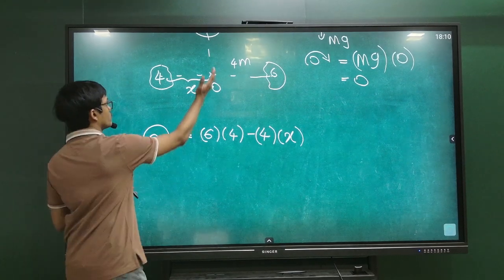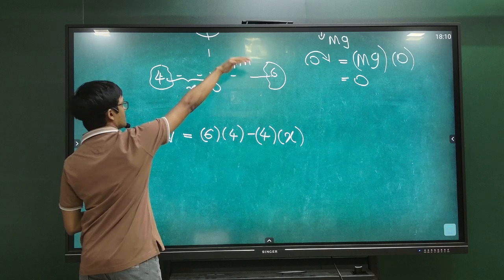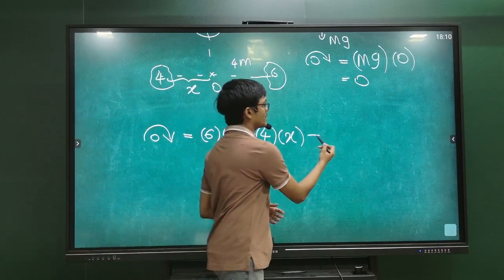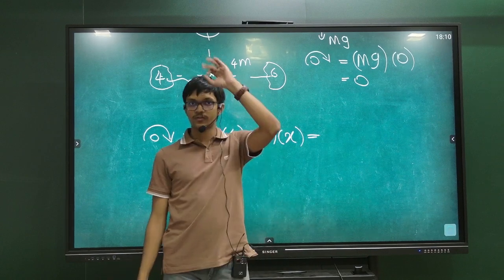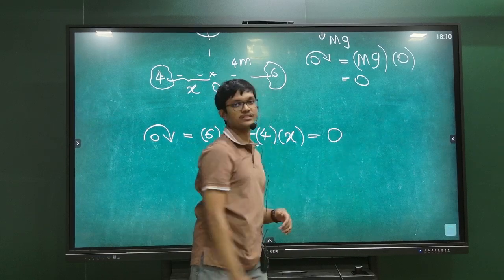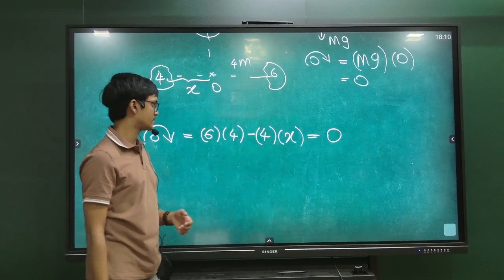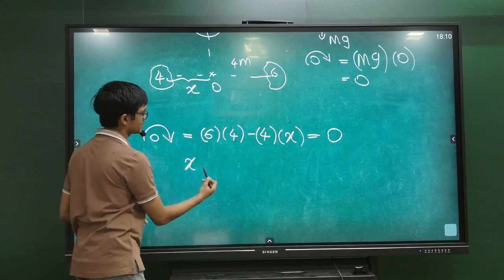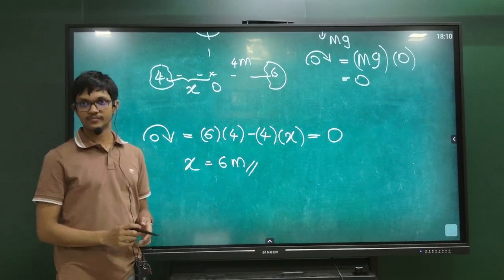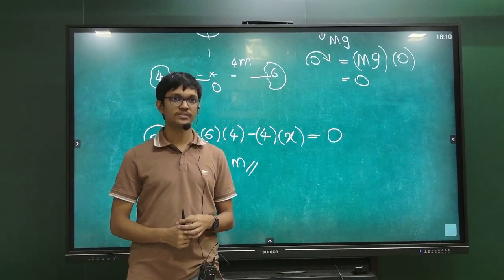So 6 kilograms into 4 minus 4 kilograms into x. What is the moment around the center of gravity? It is 0. Moment around the center of gravity is 0. Now what do you get? X equals 6 meters. Clear? X equals 6 meters.